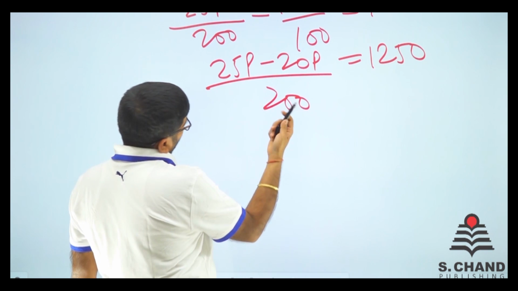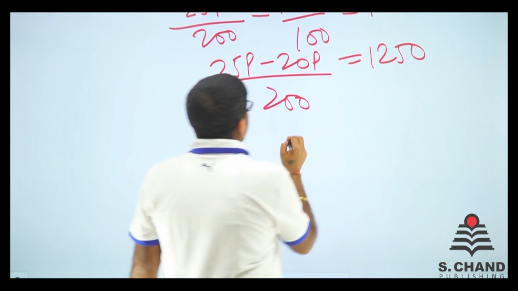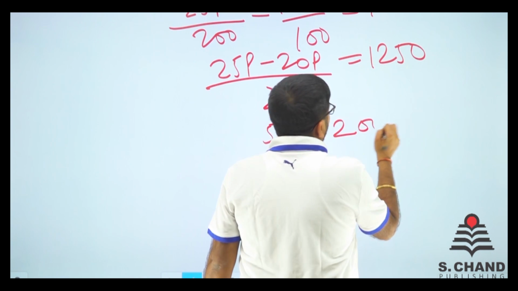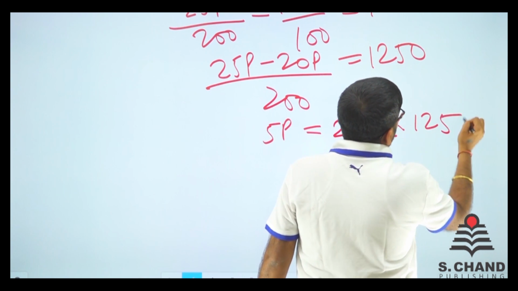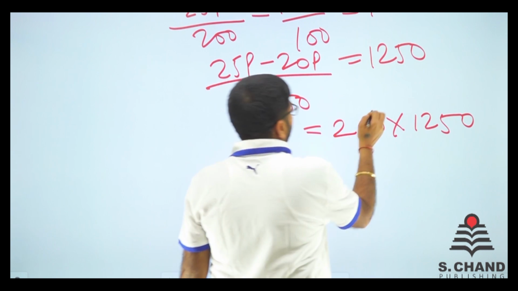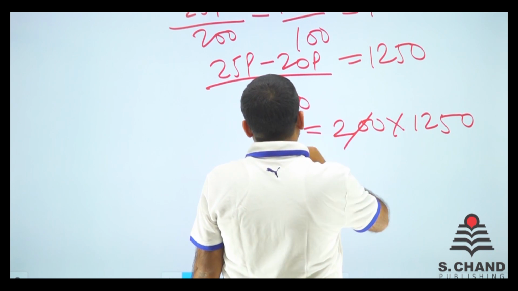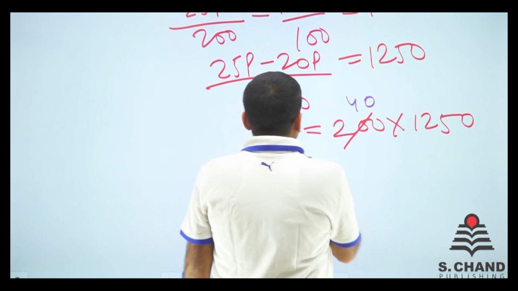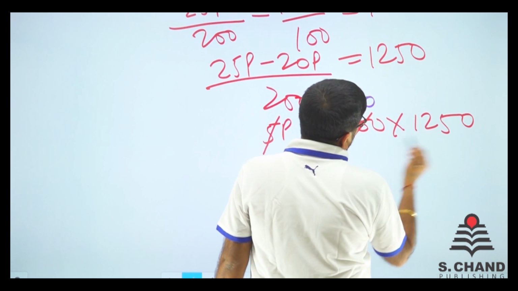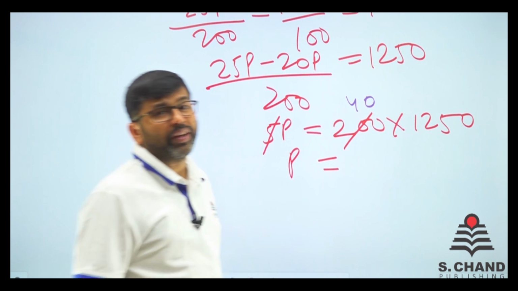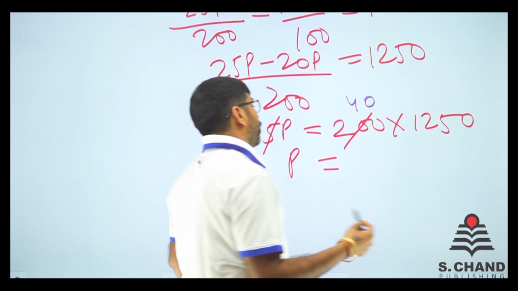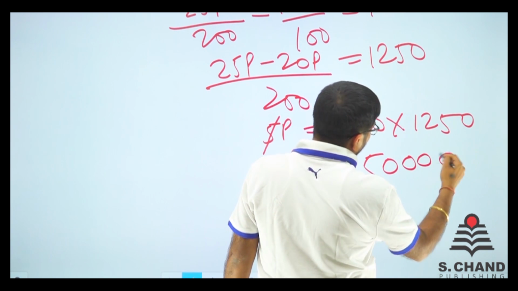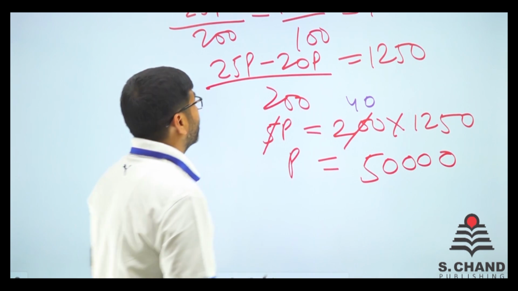So 25 minus 20 is 5p. So 5p is equal to 200 into 1250, and p is 40 times 1250, so p is equal to 1250 into 40, which is 50,000. So 50,000 is the amount.